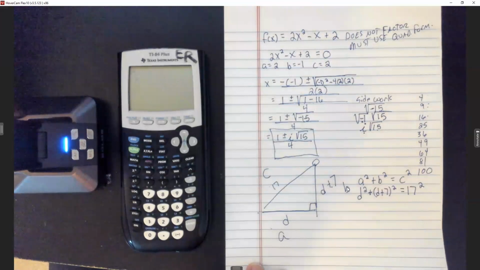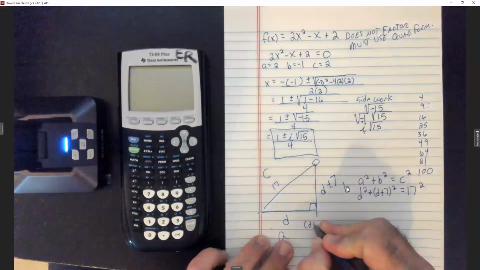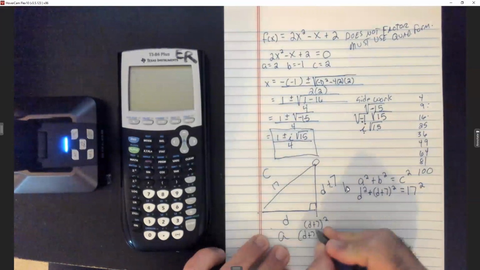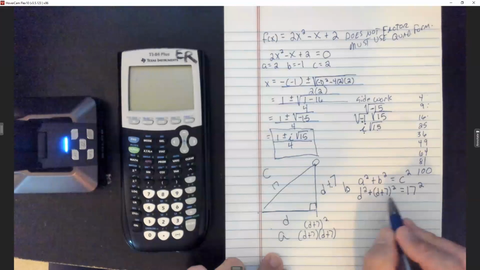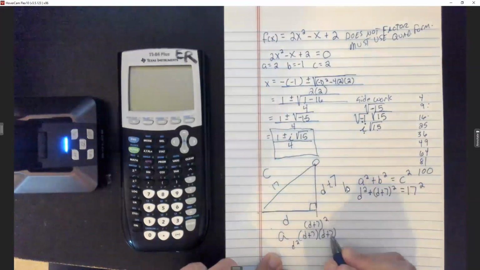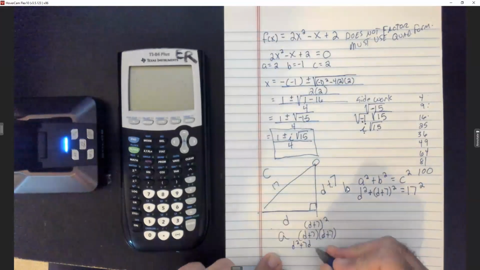Okay, so you might do a little bit of side work on the D plus 7. D plus 7 squared would be D plus 7 times D plus 7, so you have to FOIL that. D times D is D squared. D times 7 is 7D. 7 times D is 7D.